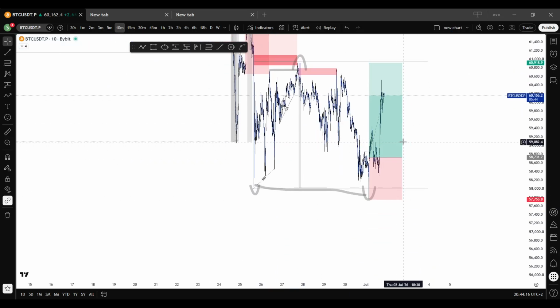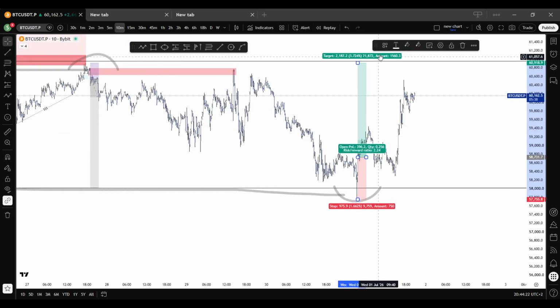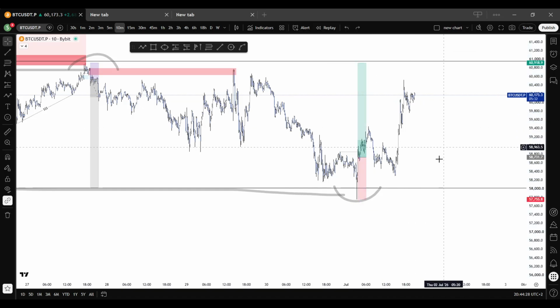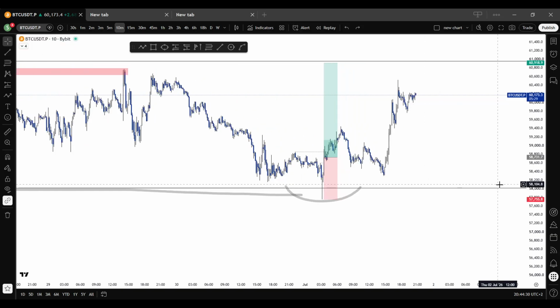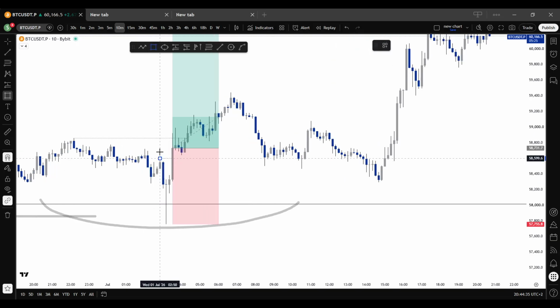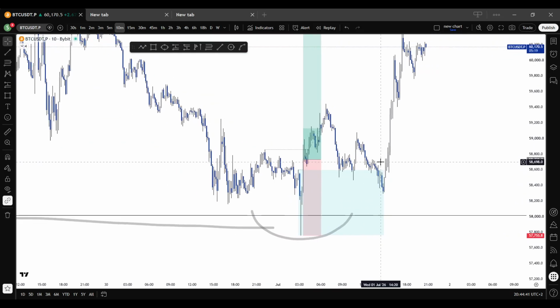So this was the first long that you could have taken, and I want to go over the longs that I took. There were two long trades. I lost one, and I'm currently in the second one, but I just want to explain how I entered these trades, and it was quite simple.